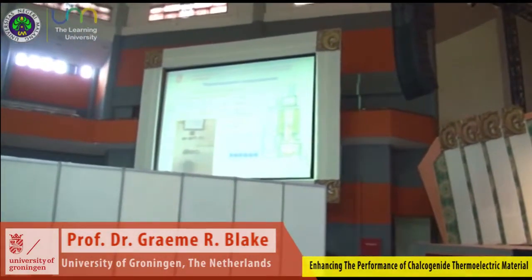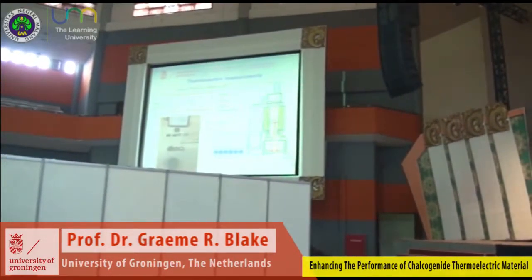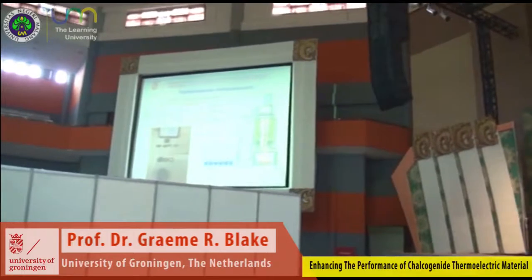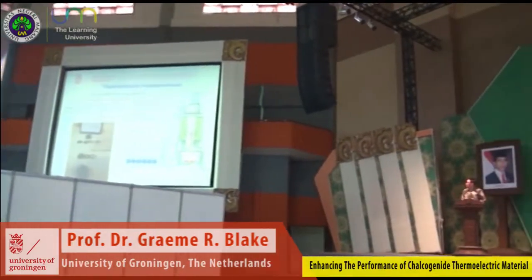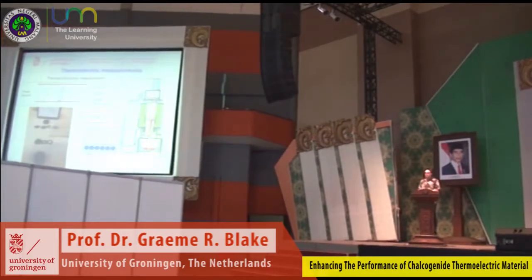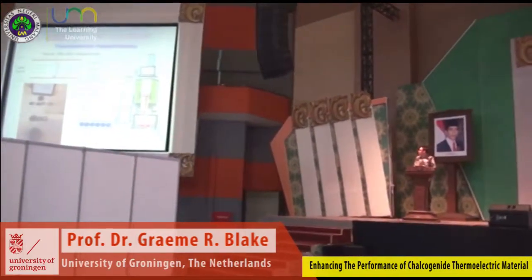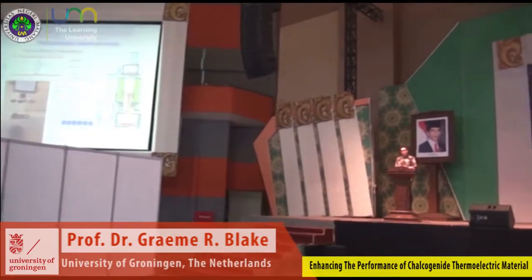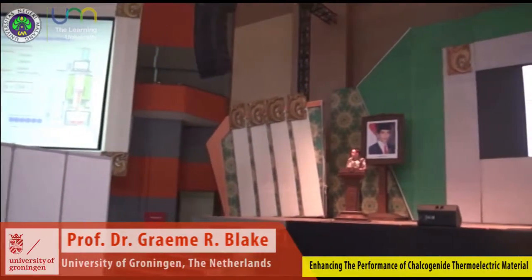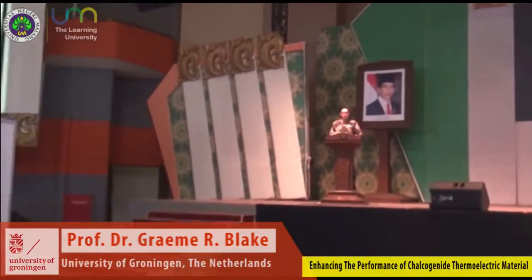We measure the rise of temperature with respect to time across the sample. That gives us the thermal diffusivity, which is D in the equation shown there. What we want in the ZT formula is the value of thermal conductivity, which is kappa in the equation there. So we also need to know the material density, rho, and the specific heat, Cp. Then we can determine kappa, which is the quantity we want.